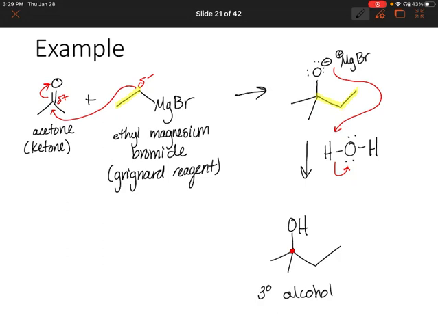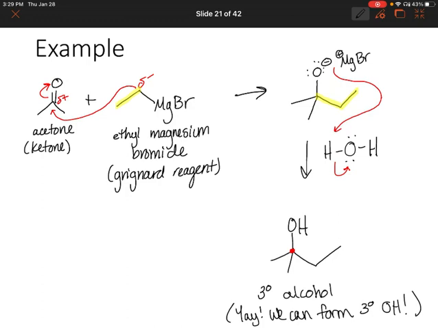However, here we're not doing a reduction, we're using a Grignard reagent. So this is an entirely different reaction that allows us to form a tertiary alcohol. So, yay, we can form these. If you ever need to form a tertiary alcohol, just use a Grignard reagent.